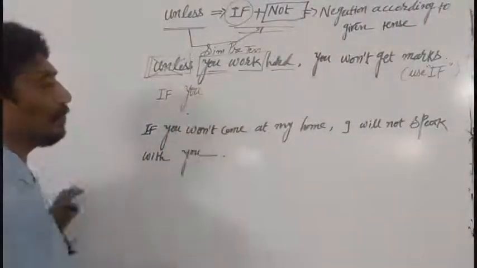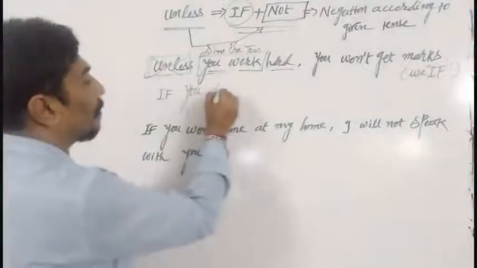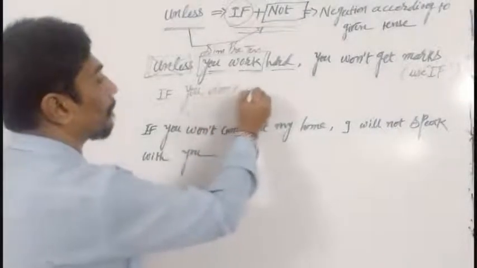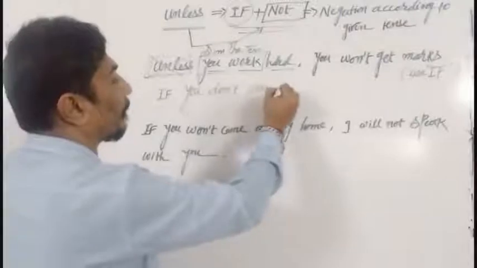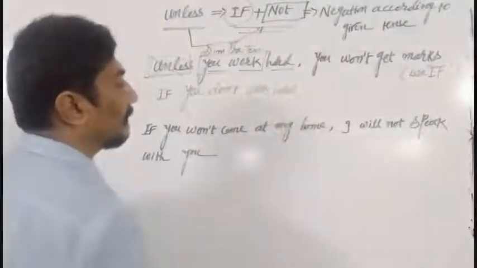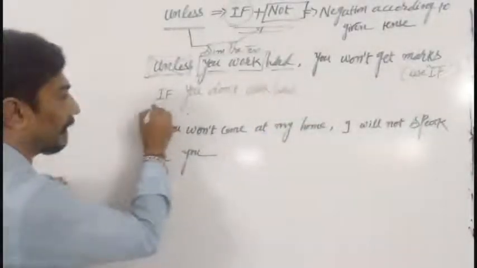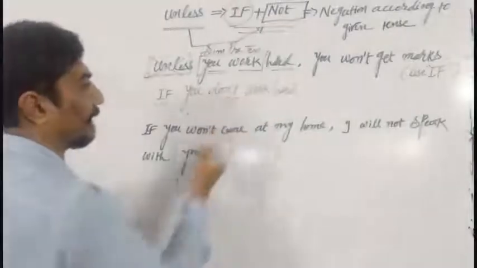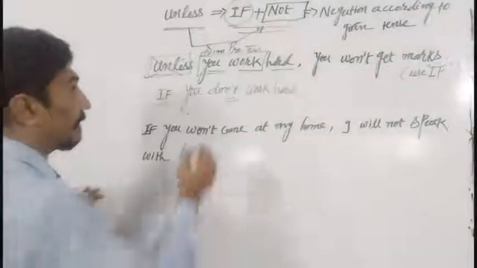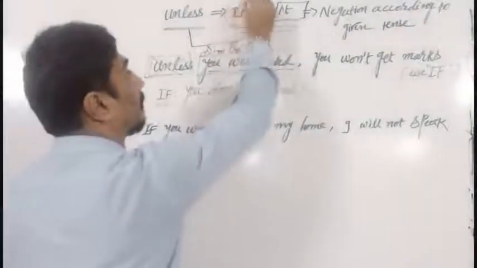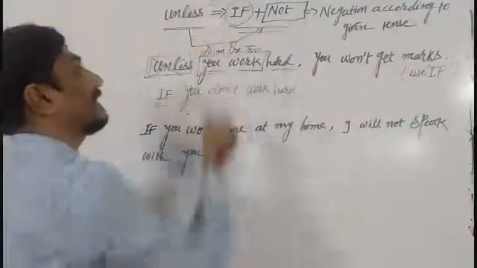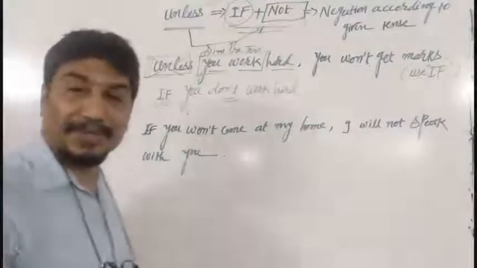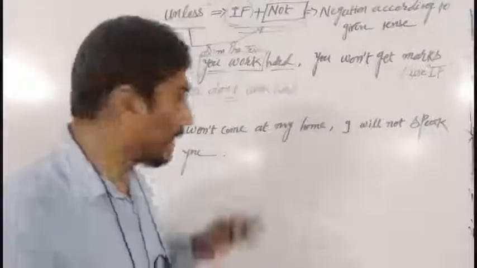So if you don't work hard, you see here, I have used if plus not. If I have used if plus not, then only afterwards can I think that if not is equal to unless.